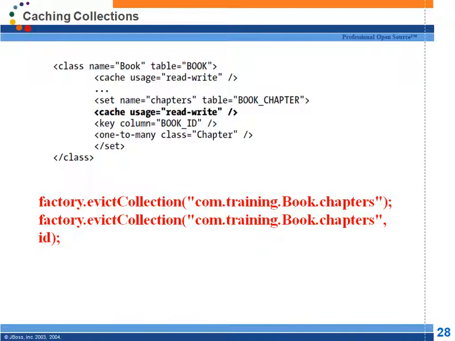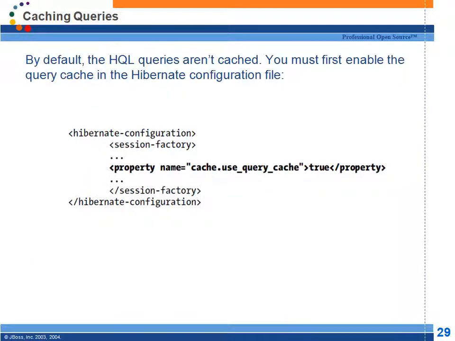Again, if second level cache is enabled for chapters, chapters will go into their own cache region. In the collection cache region, I remember that only identifiers will be stored, right? So this is how to enable query cache region. Already I told you, by setting cache use query cache to true, this will enable the query cache.